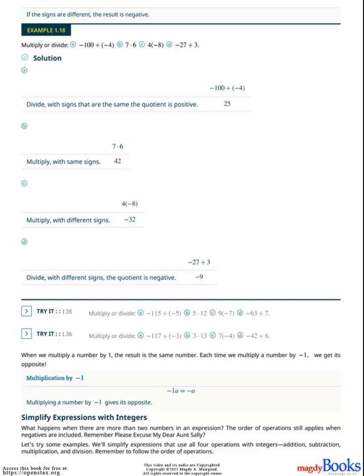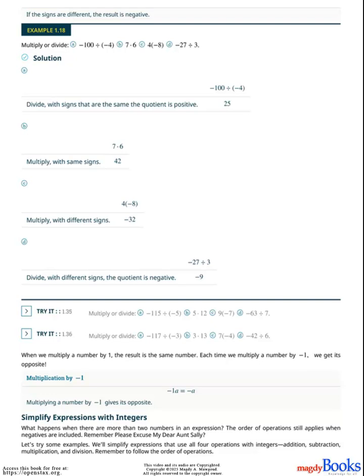Example 1.18. Multiply or divide. A. Negative 100 divided by negative 4. B. 7.6. C. 4 times negative 8.